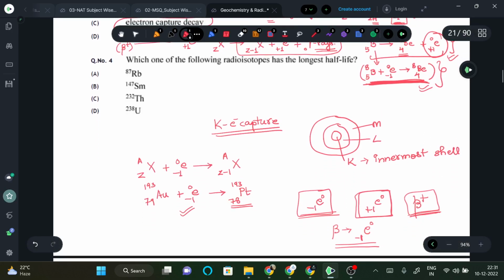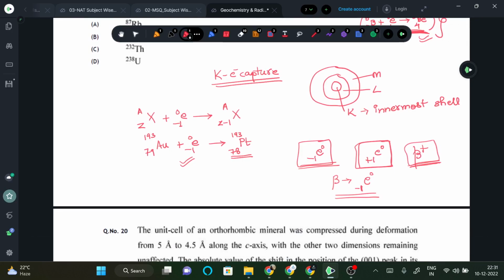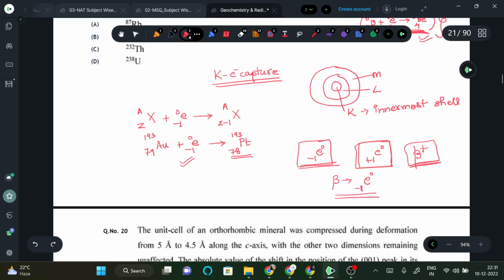In electron capture, that is why I didn't even write it here somewhere. Yes, here. In electron capture, it is actually emitting X-rays with it. So this is about electron capture.